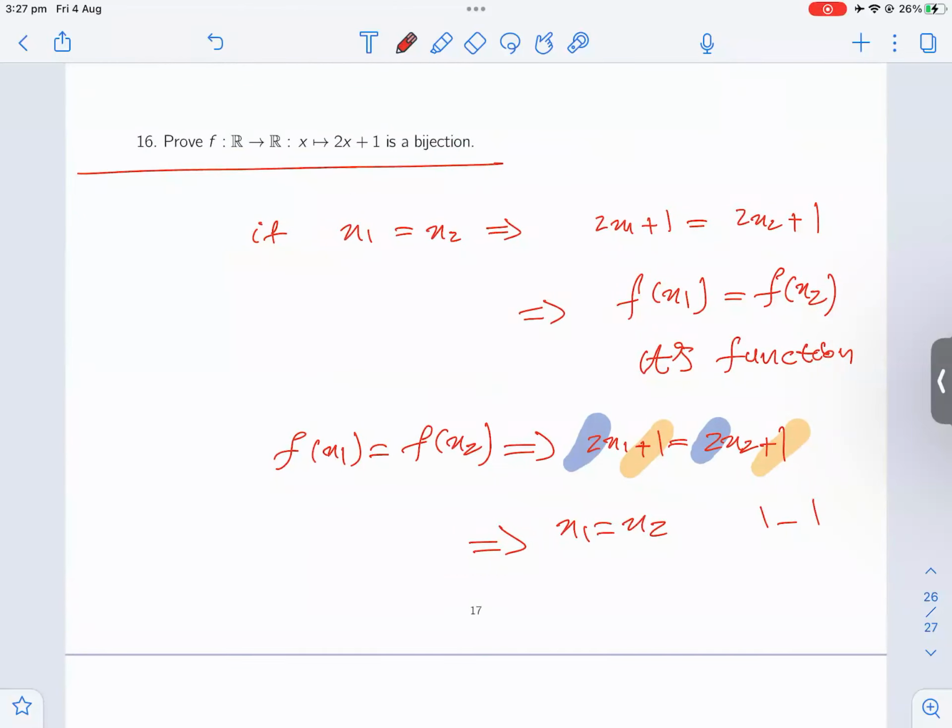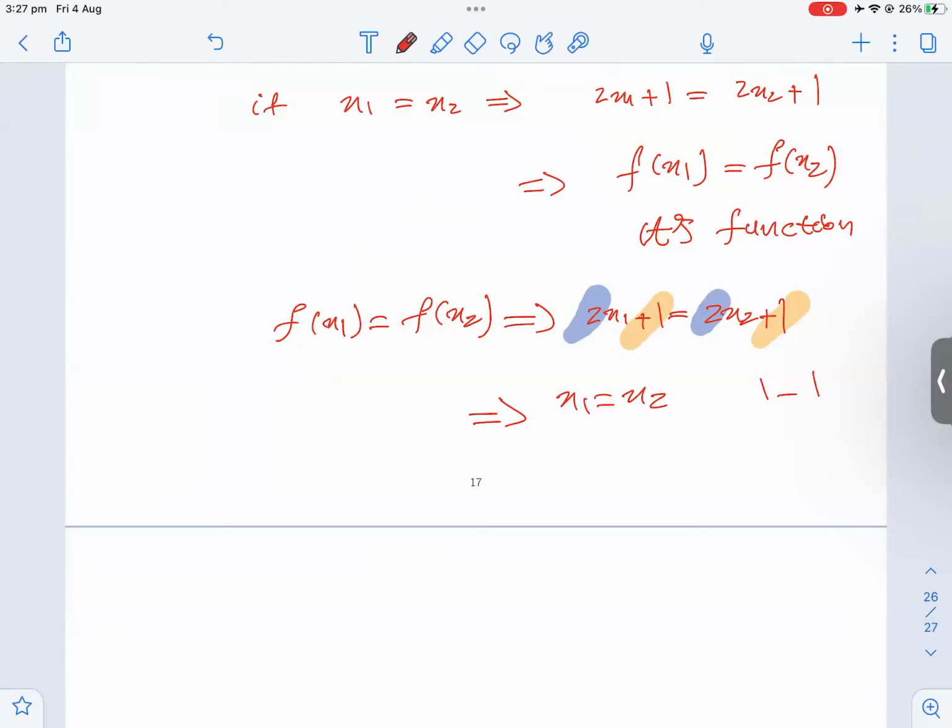Okay. How to do it algebraically? Surjectivity is this one. Let y belong to R, the codomain of f.